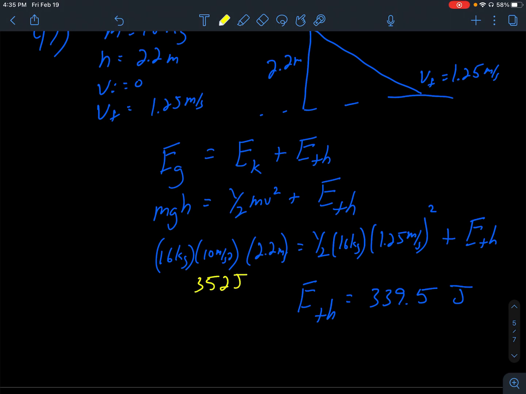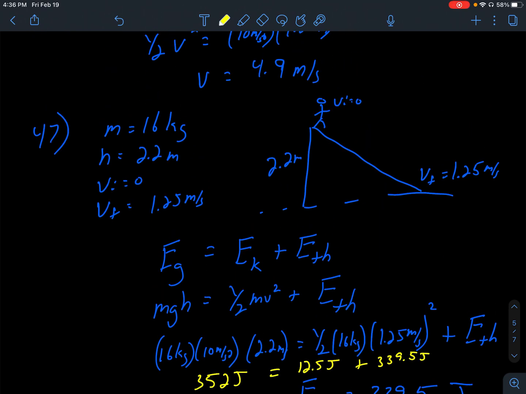352 joules of potential, gravitational potential, only 12.5 of kinetic, and 339.5 of thermal. That's a lot of thermal for this scenario. Well, think of it. For most slides, they don't want you really going fast at the bottom.